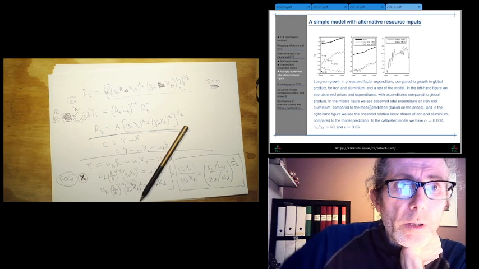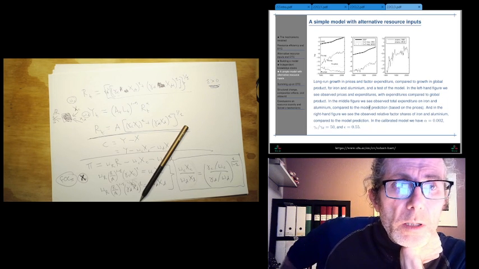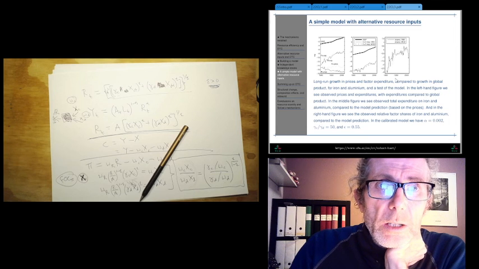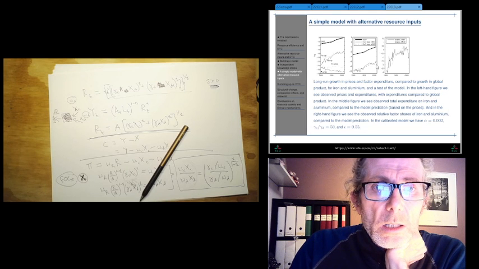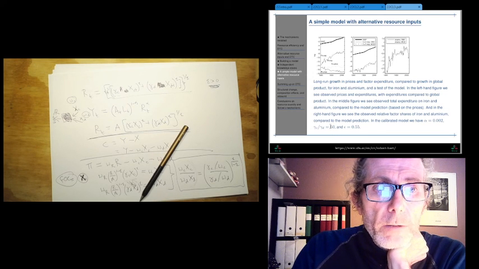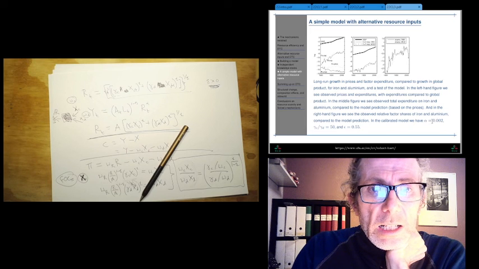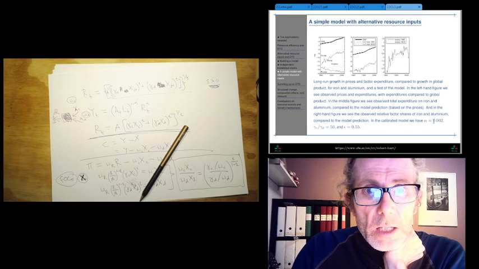This is the same thing for iron and aluminium. I'm not going to take you through it, but again we see that the model is doing a great job. Now, aluminium is much more valuable than iron, everything else equal. Okay, the factor share of the iron and aluminium combined is very small.